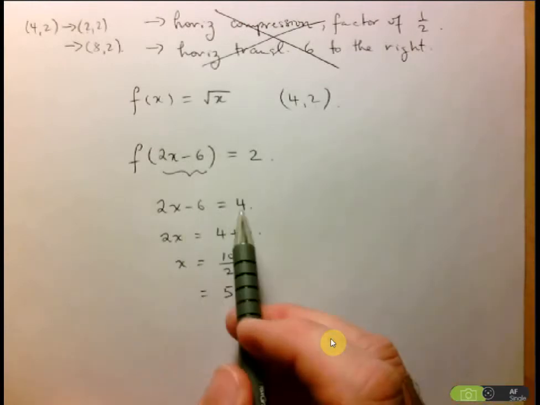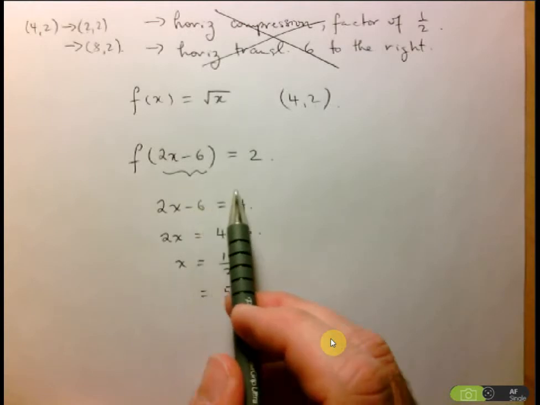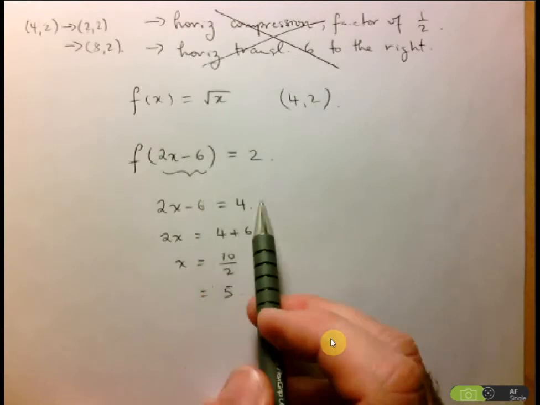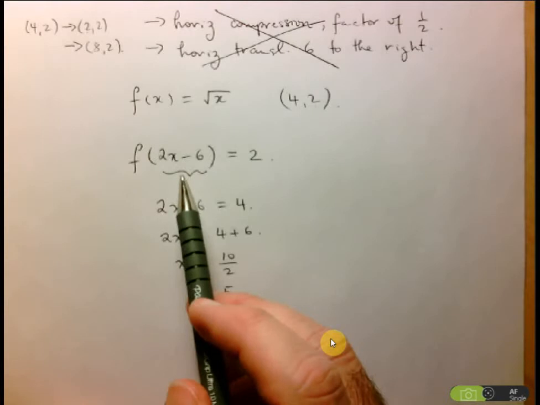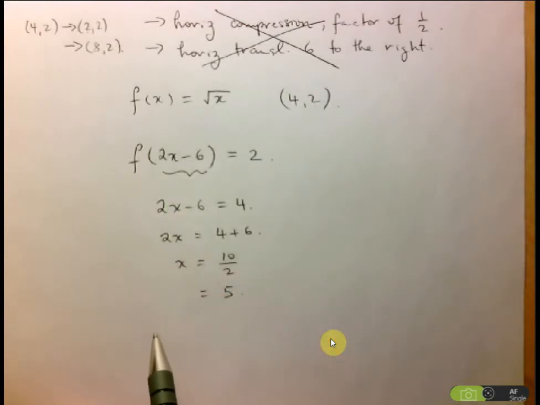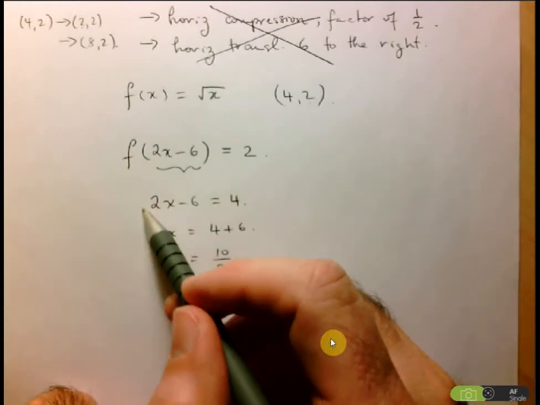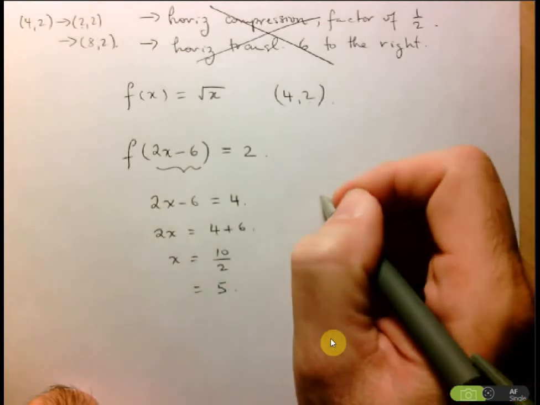In solving this equation, I see that the first operation I performed, when I brought the 6 over to the other side, was the additive operation. But when I'm considering transformations, I want to consider the multiplicative transformations first. So if I want to first consider the effect of the 2, now we're going to redo this here.